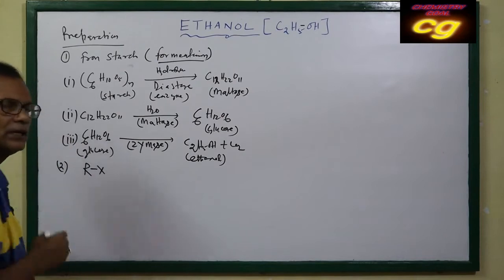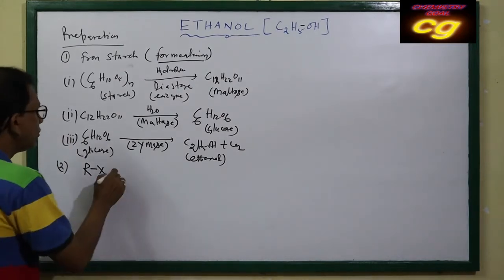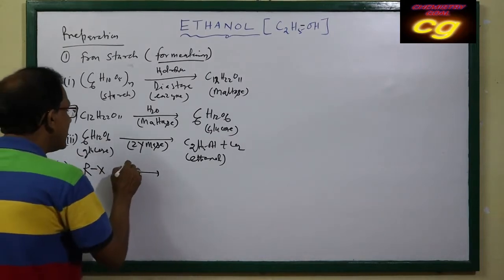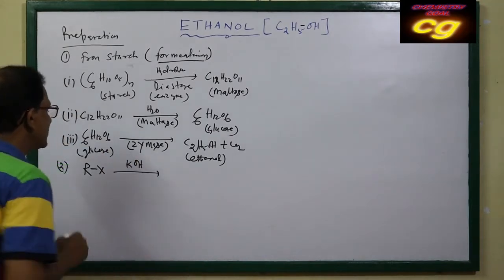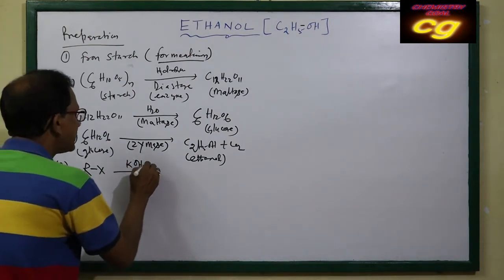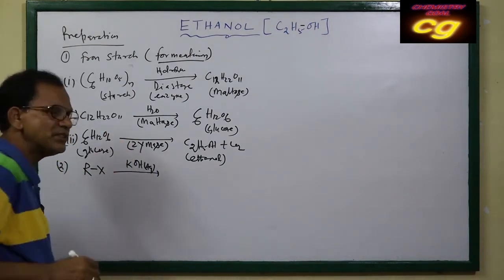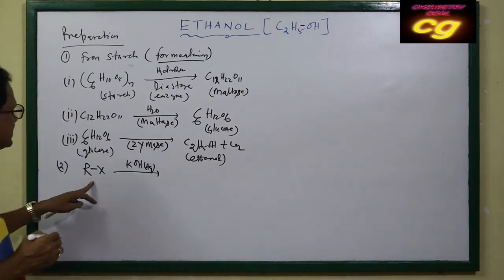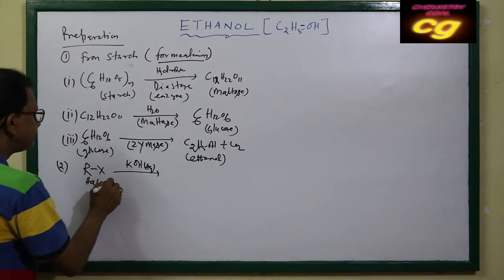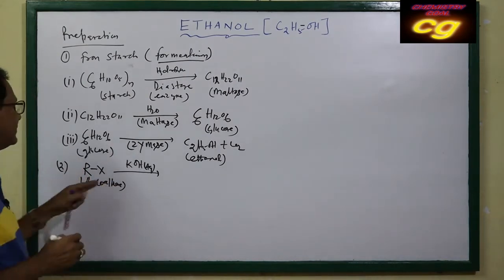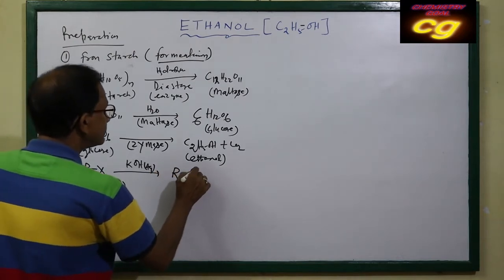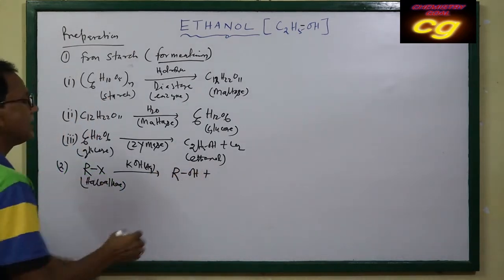When haloalkane undergoes hydrolysis in presence of KOH, that is aqueous alkali, potassium hydroxide, it undergoes hydrolysis to alcohol, with remaining KX.